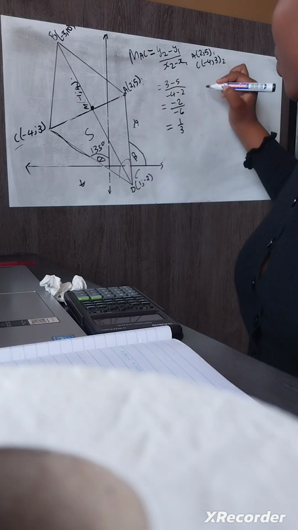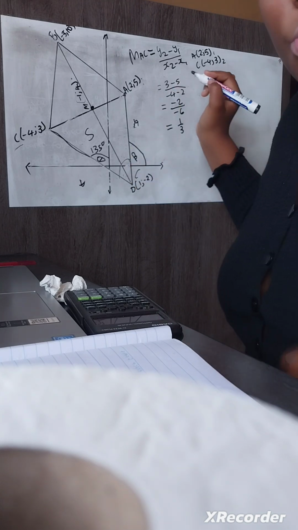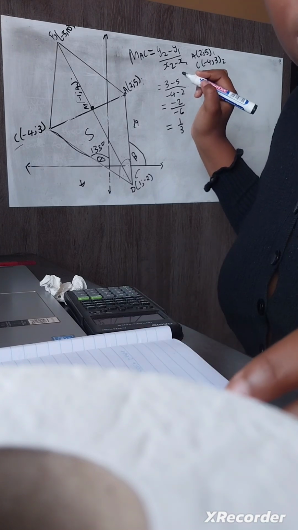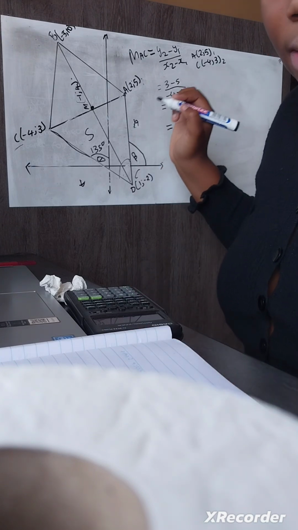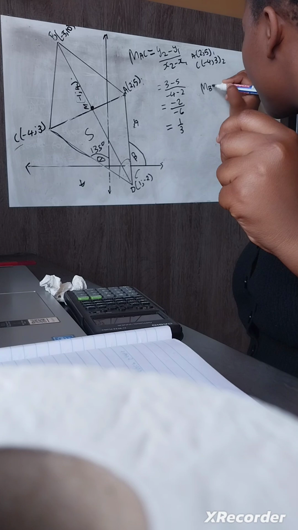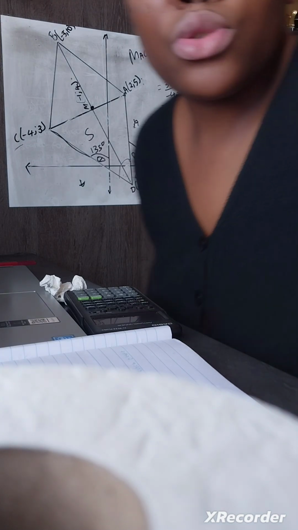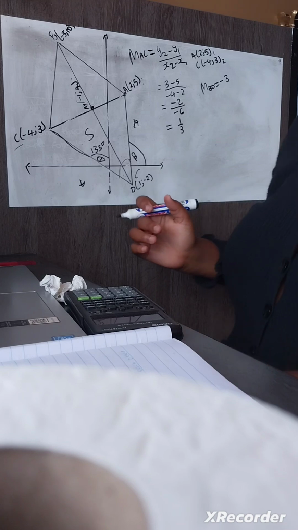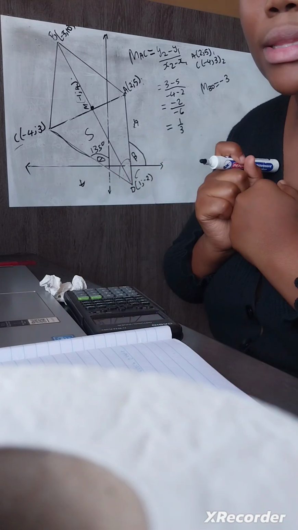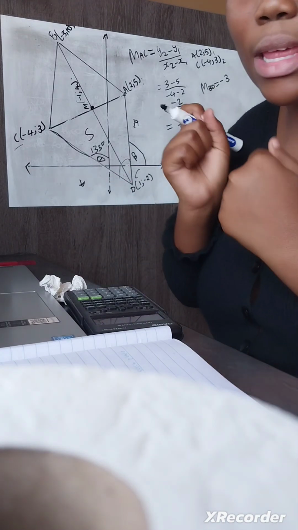Then since we found the gradient of BD was -3, we are going to multiply these two gradients to see if they give us -1. If so, that means the lines bisect each other perpendicularly.